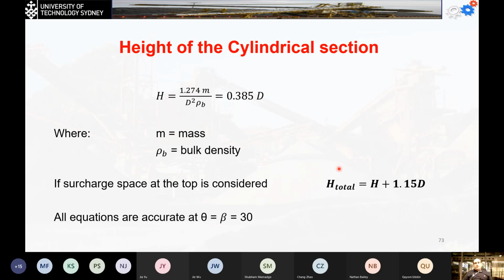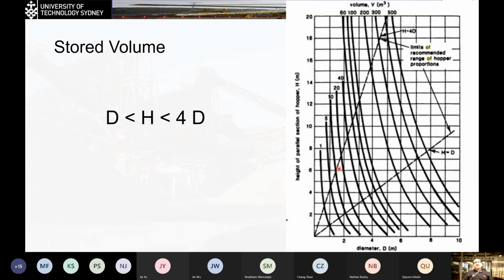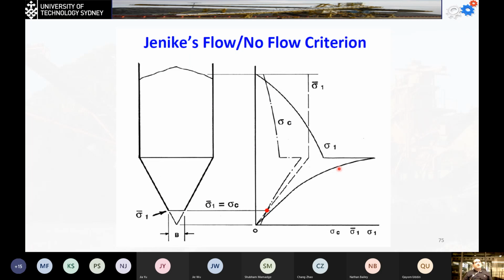The stored volume can be anything between, so the height is going to be between the diameter and less than 4 times the diameter. We got this one earlier, but we are going to learn how to make the calculation for the flow creation system.